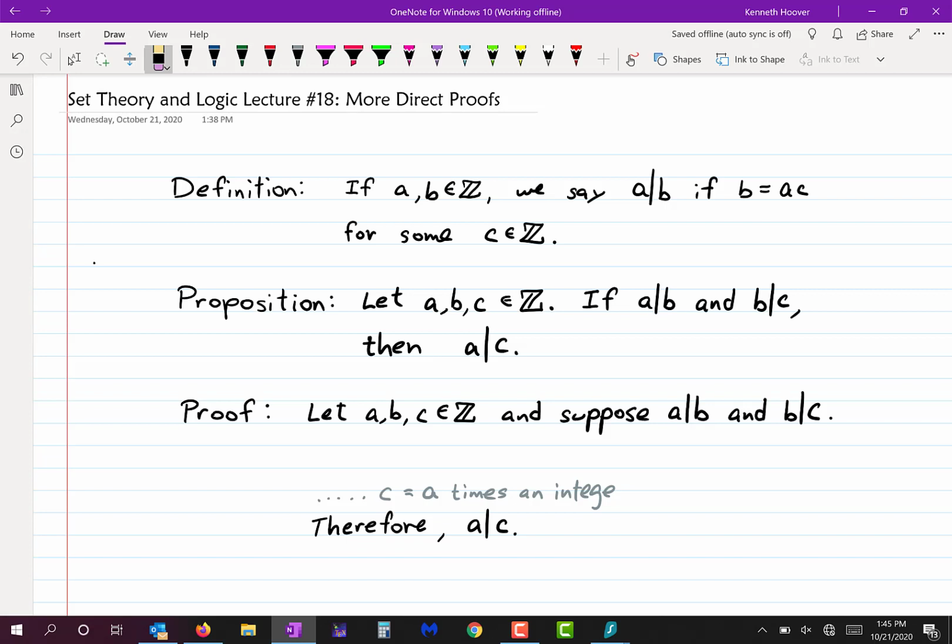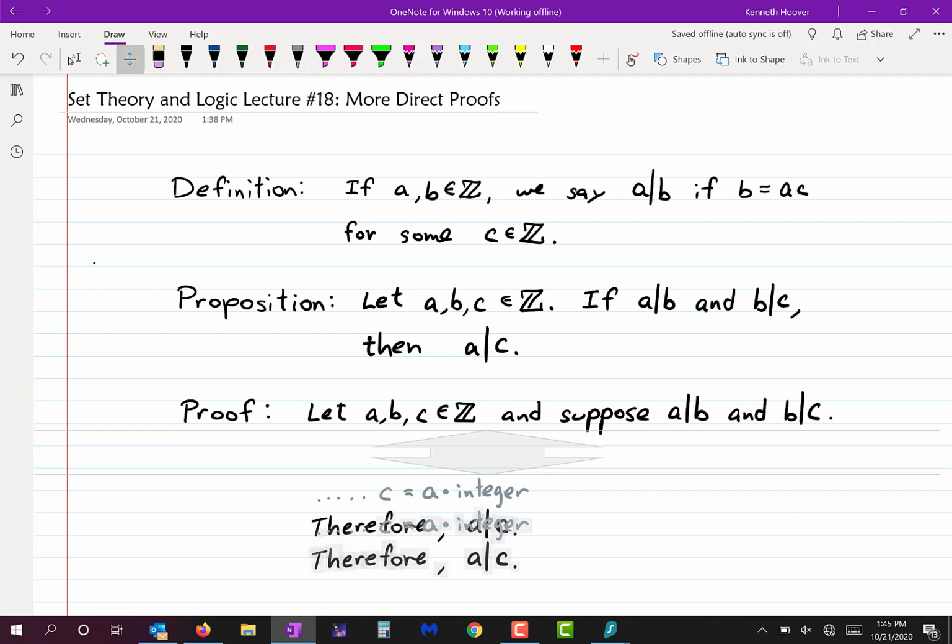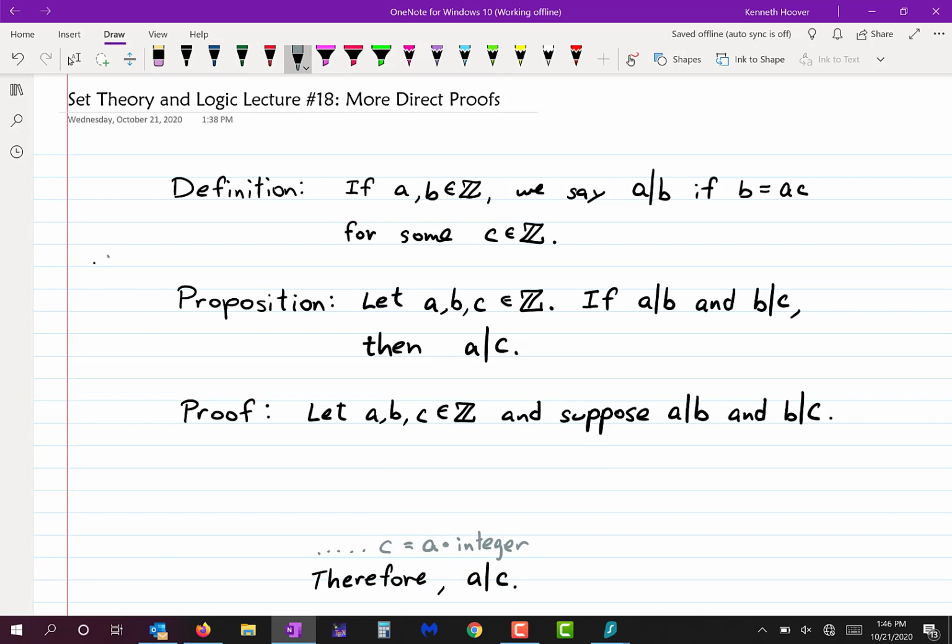Okay, so how am I going to get to c equals a times an integer? Let me write it like this: a times integer. How am I going to do that? Well, let's go back to the top and try working our way down towards that. What do I have to work with? I have that a divides b, and I also have that b divides c, and I know what it means for one number to divide another, right?